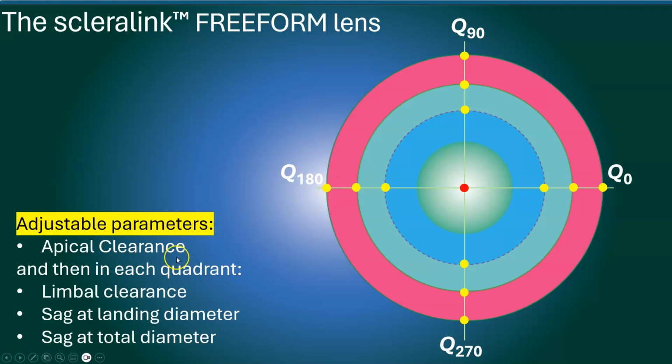So I can adjust the apical clearance to suit myself, and in each quadrant I can then adjust any one of the 3 yellow spots here. I can adjust the limbal, the sag at the landing diameter, which of course may impact upon the apical clearance, and the sag at the total diameter. So having landed, I can move the edge of the lens up and down a bit. So I have a very extensive range of controls, which we will see in action in the freeform lens in the Scleralink software.